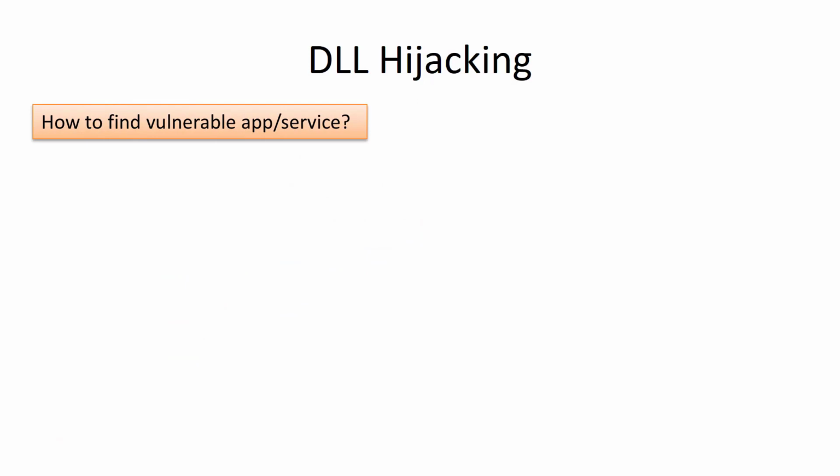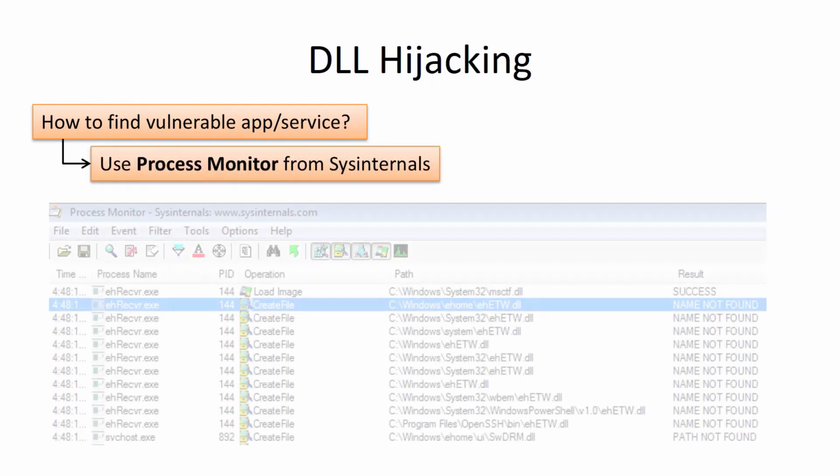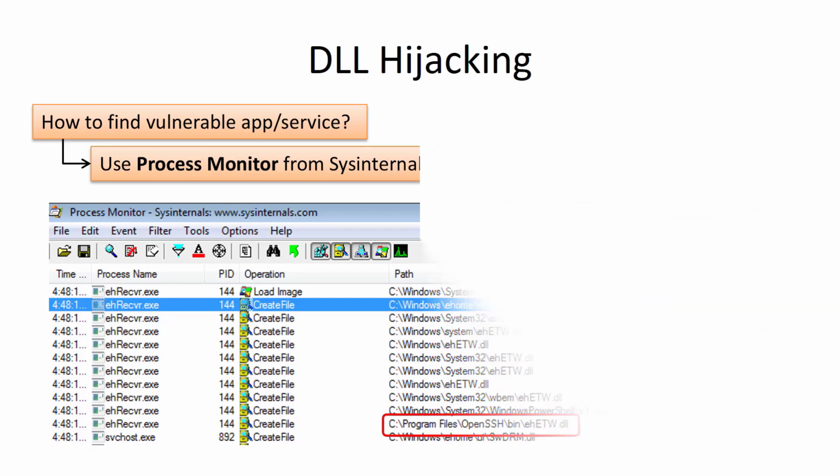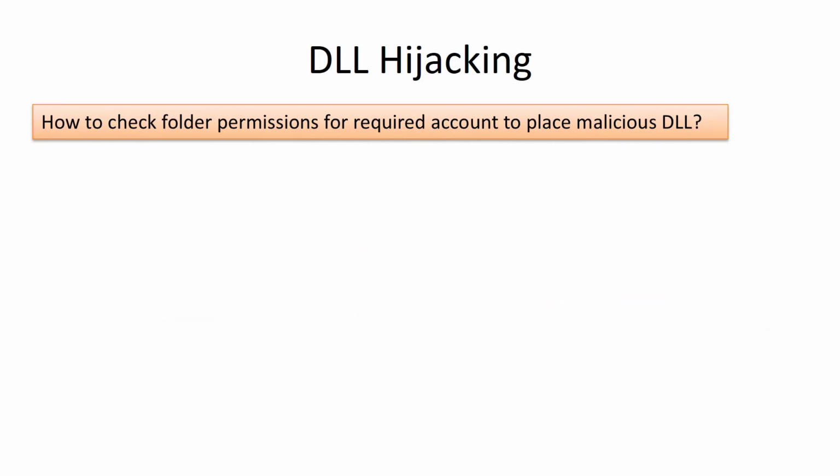But how to find vulnerable services? You can use the Process Monitor tool from Sysinternals. Look at the picture. The process tries to find a missing DLL file in different locations, including this directory. And as you know, this is a potential vulnerability. The next step is to check whether the user account has rights to modify these folders.